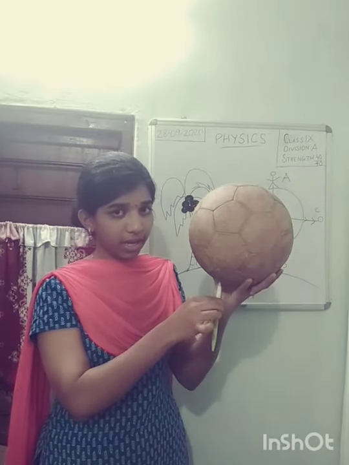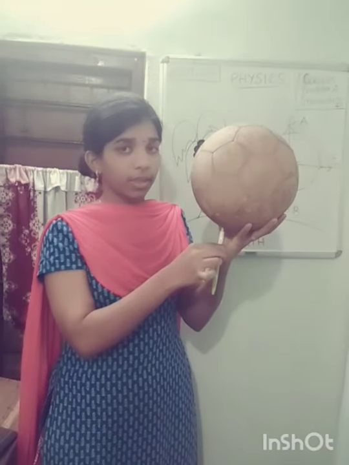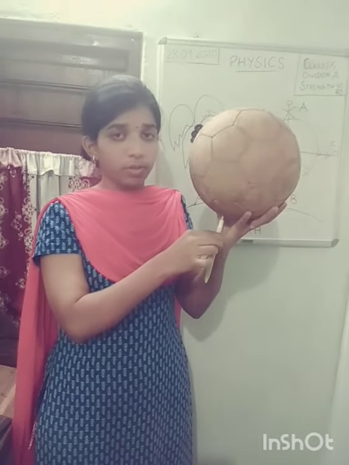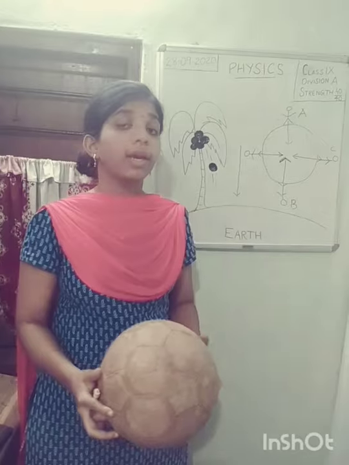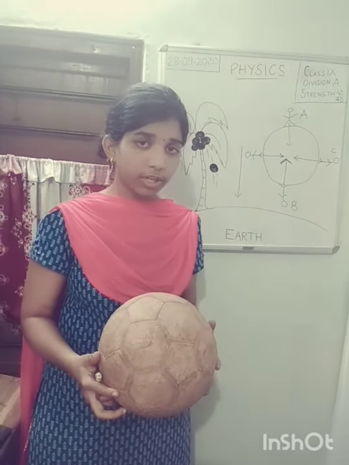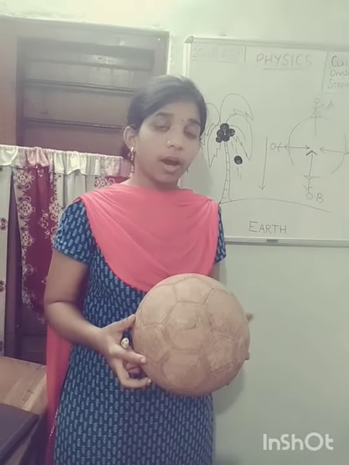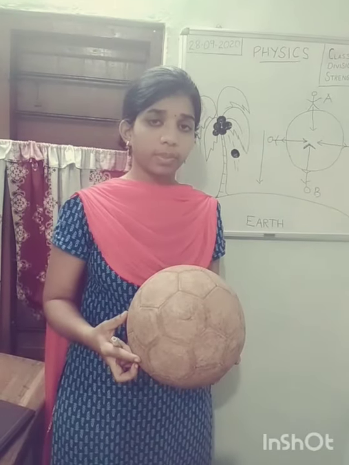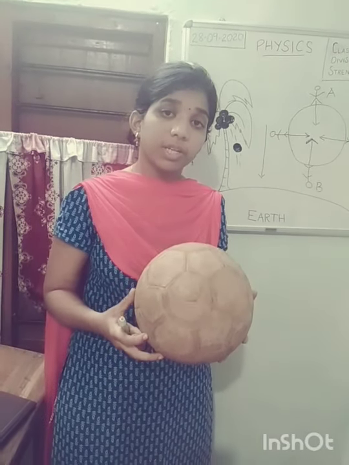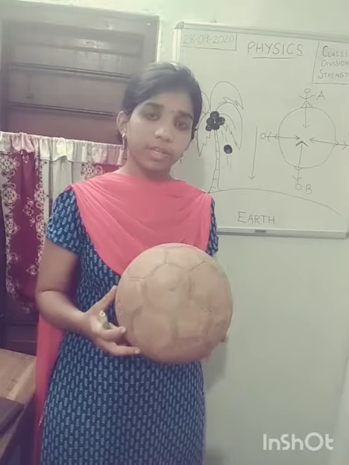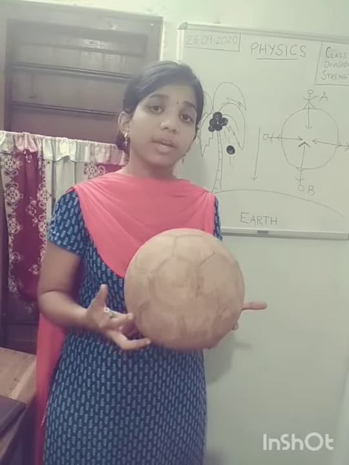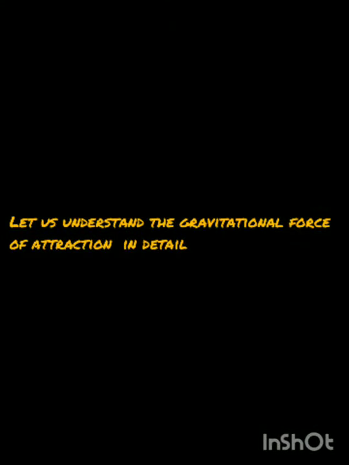He is able to stand here erect because the earth is pulling him also. So, we said that earth has the ability to attract objects towards the center. This is called the gravitational force of attraction of earth. Let us now understand the gravitational force of attraction in detail.